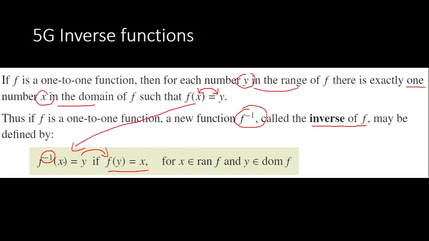And for the x values on the inverse function, now it's the range, and the y values now are elements of the domain. So the domain and range of the function f, when you swap them around, will give you the respective domain and range of the inverse of f.